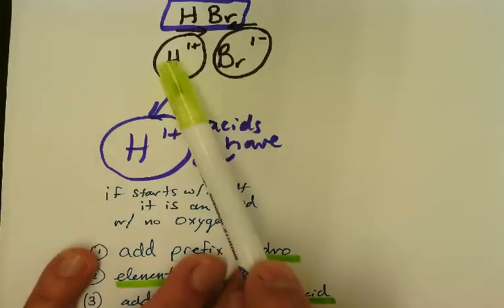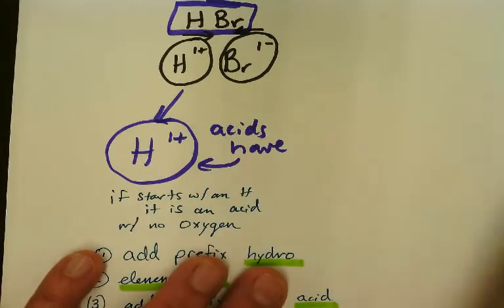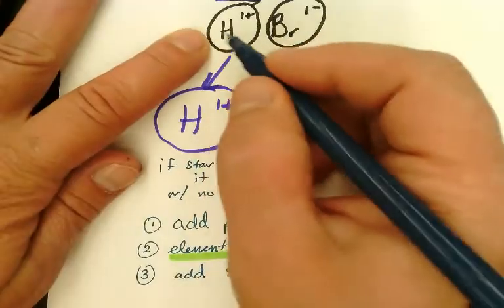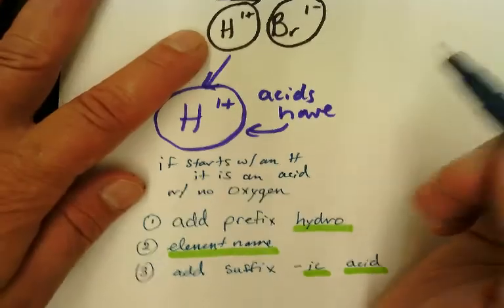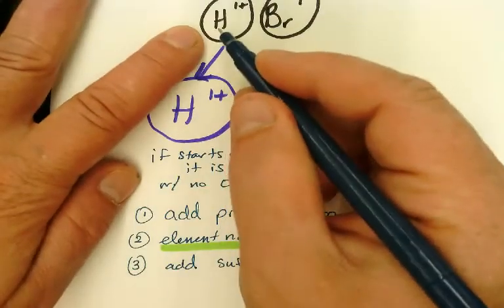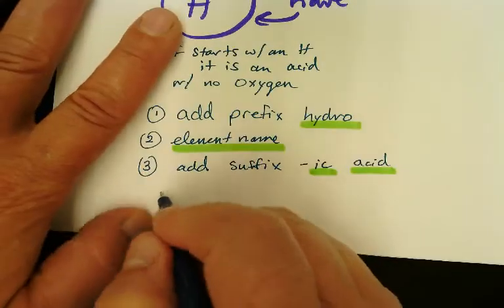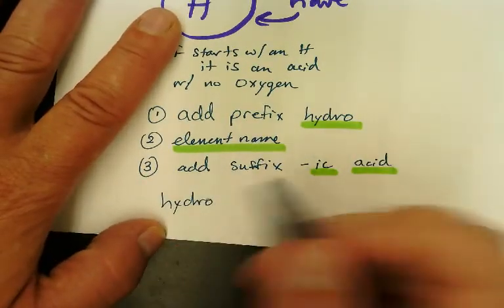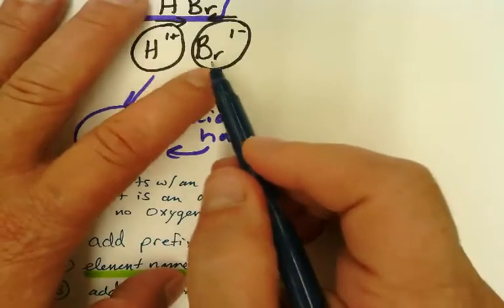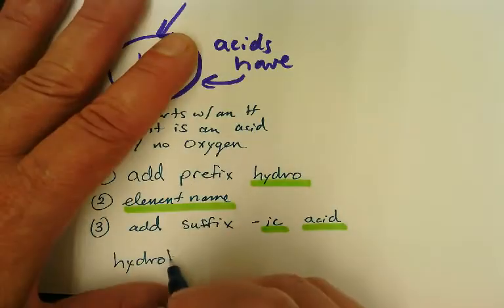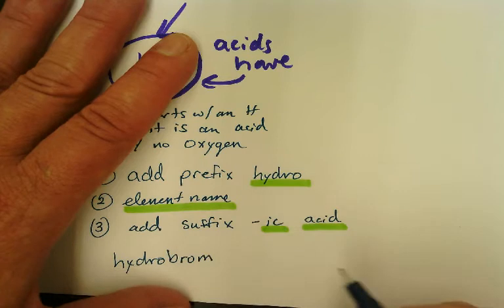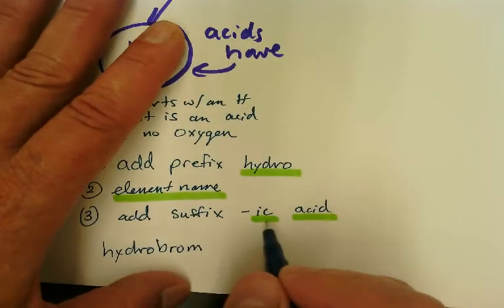So what would the name of this be? Let's use our steps. There's an H there, so this is a hydrogen. So what are we going to write first? Hydro. And then what is the name of this element right here? Bromine. We're not going to write the mine. What are we going to write instead?